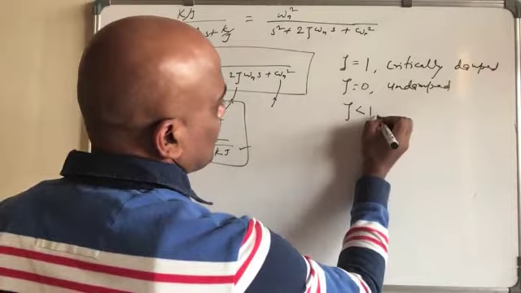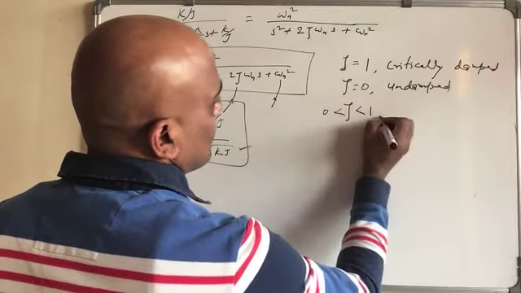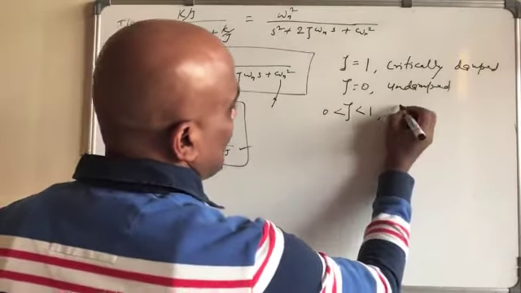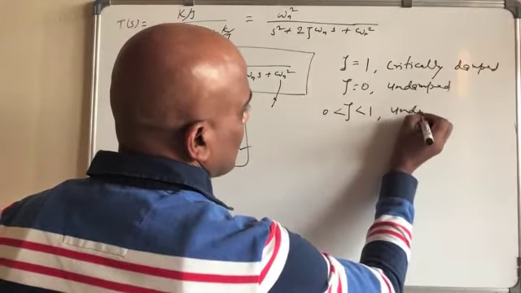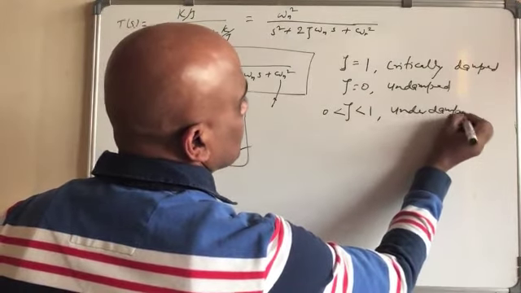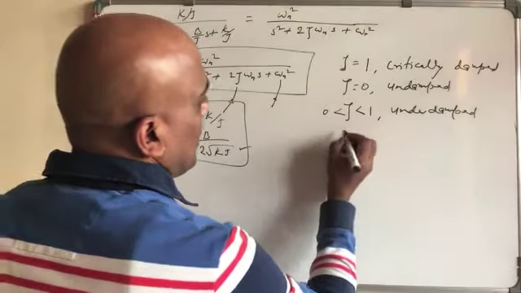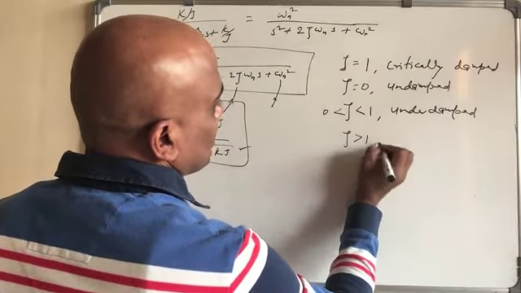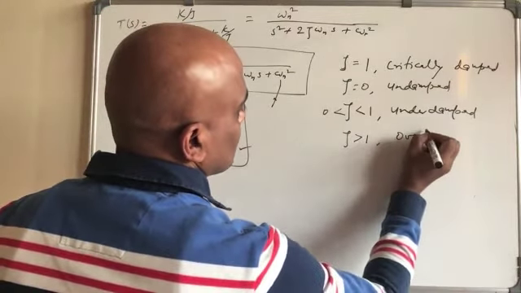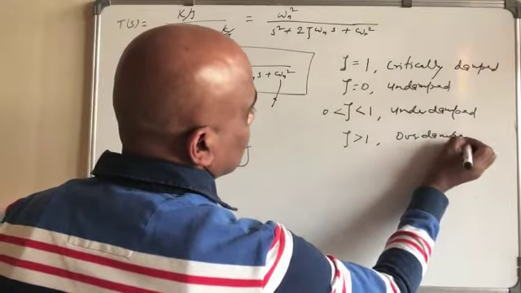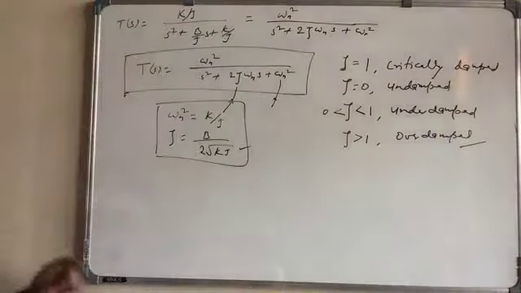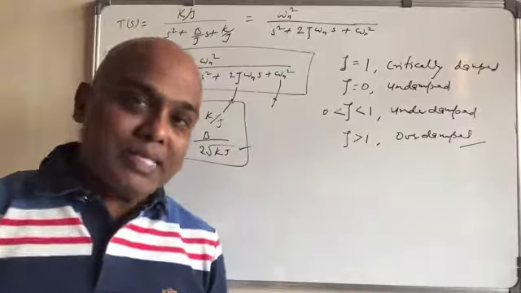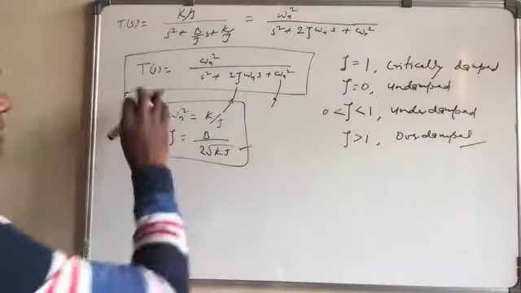Less than 1 but greater than 0, you call it underdamped. And zeta greater than 1 is called overdamped. And all these conditions we have already seen, so you know what is the meaning of that.